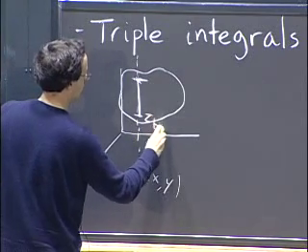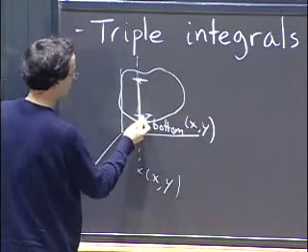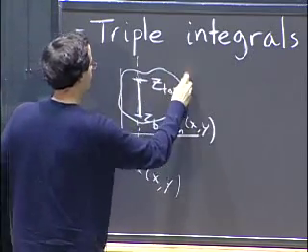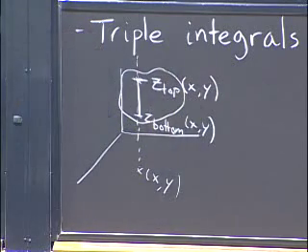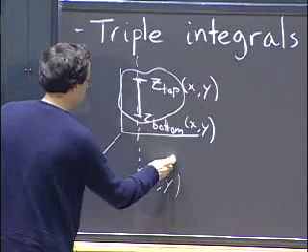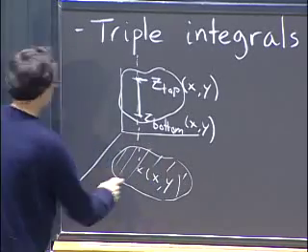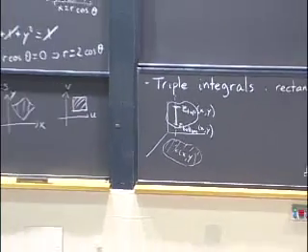So that will go from z on the bottom of my solid, which depends on x and y, to z at the top of my solid, which also usually will depend on x and y. And so that will give me the bounds for dz, and then I will be left with the shadow of my region in the xy plane, and that one I will set up like a double integral over there. Okay?